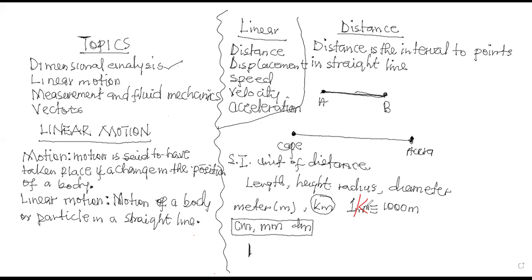So imagine the size or the magnitude of your meter rule. It means that 1,000 of such lengths would give you 1 kilometer. So we said that 1 kilometer is equivalent to 1,000 meter.